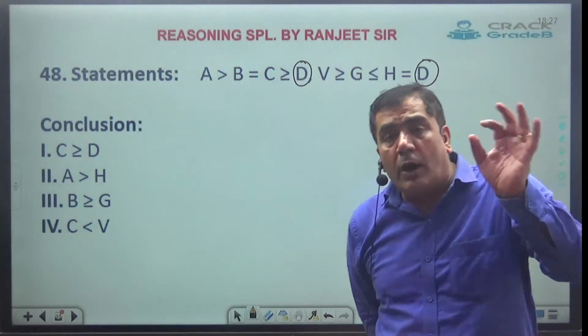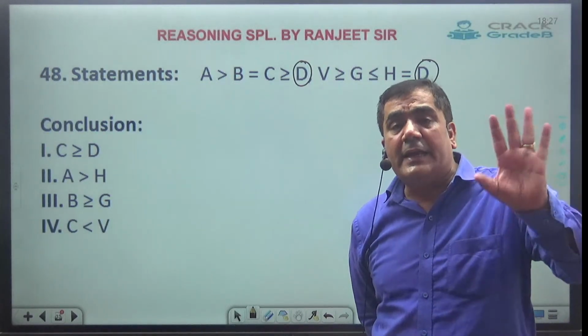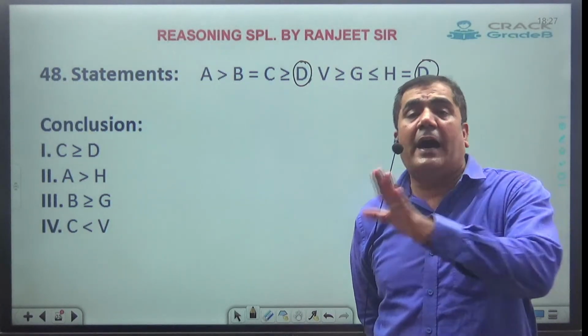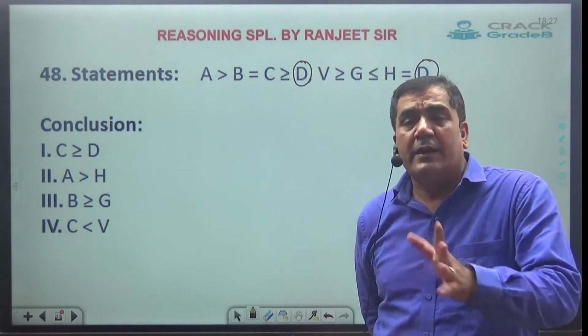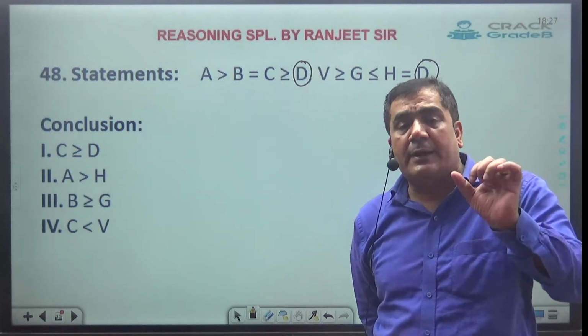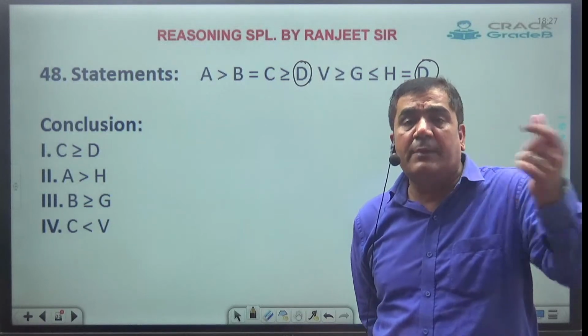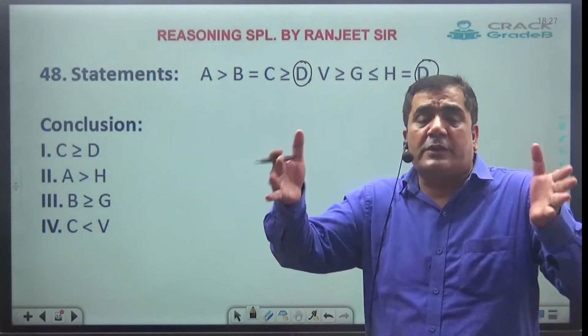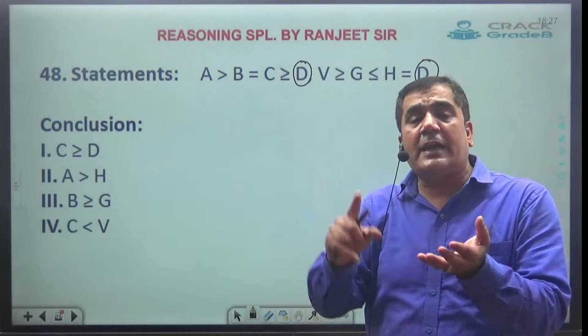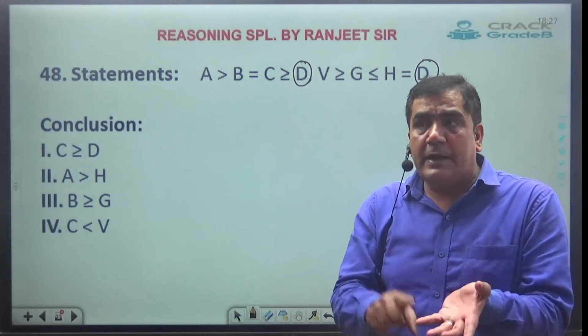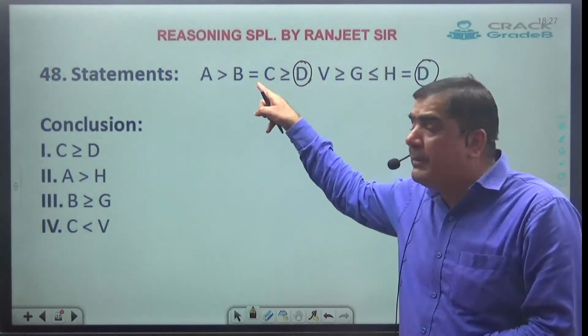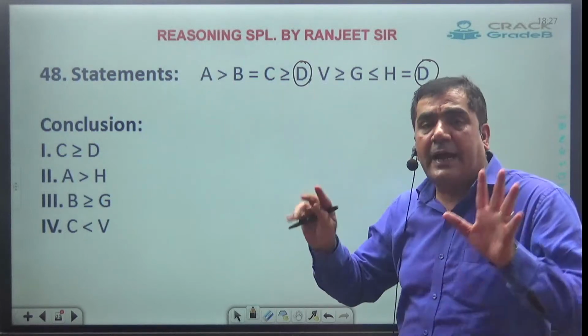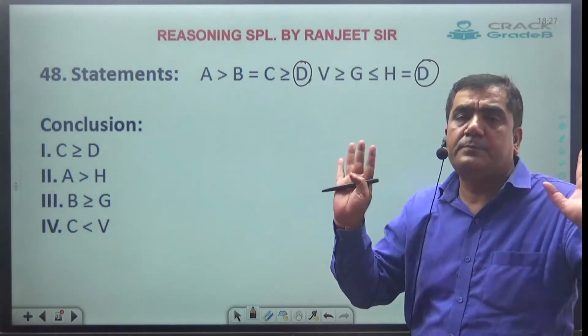Now, if the common variable comes at the extreme end or extreme beginning, or at the corners, then in that case you should always combine. But if the common variable comes in between the statement, in that case you are not supposed to combine.